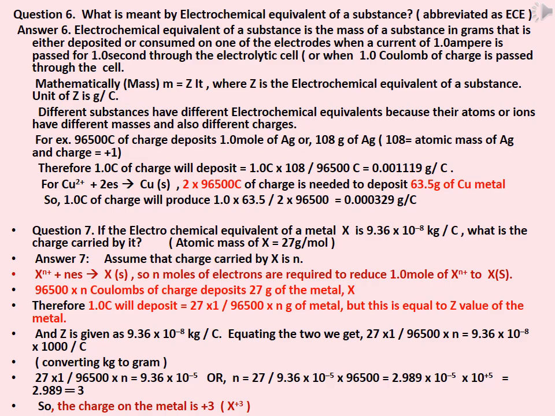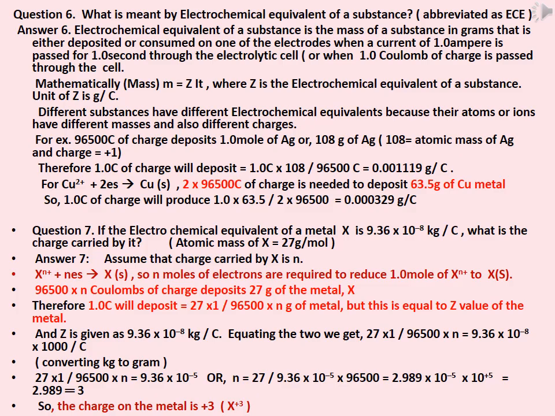Therefore, n would be 27 divided by 9.36 into 10 power minus 5 into 96,500, which is equal to 2.989 into 10 power minus 5 into 10 power plus 5, which is nearly equal to 3.